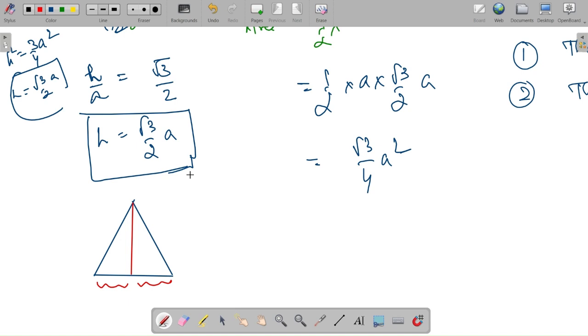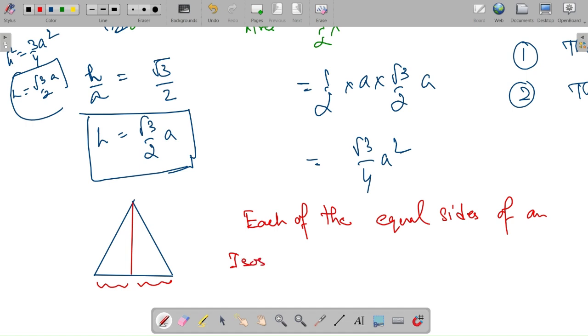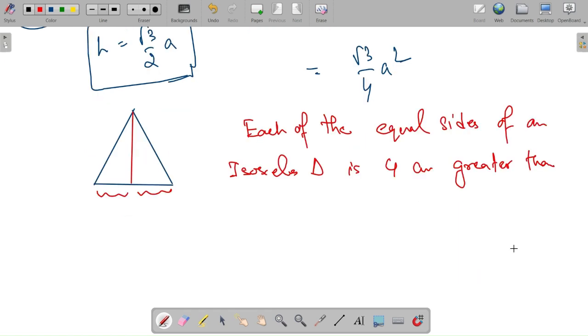So there is a question. Let's try and do it. Each of the equal sides of an isosceles triangle, this one, is 4 centimeter greater than its height.